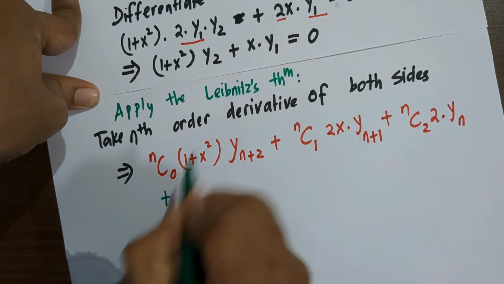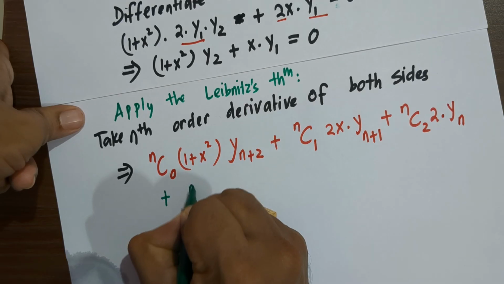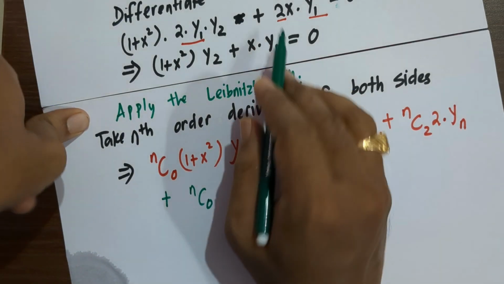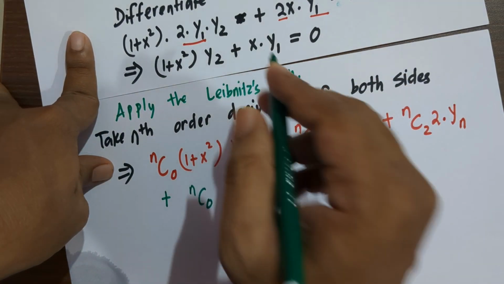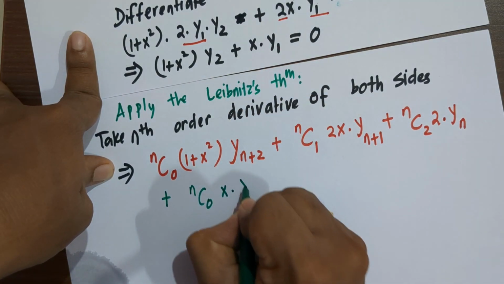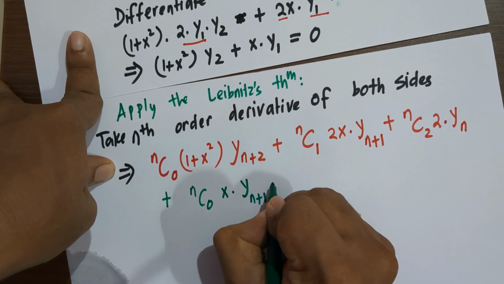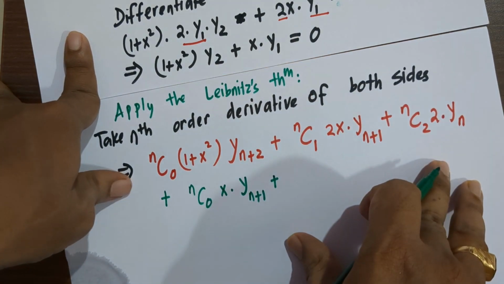Now let's apply Leibniz theorem for the second one. For the second one we have the same nC0 and keep the first as it is, x, this is u, this is v, and the nth order derivative of y1, so y_(n+1). We have already taken its first order derivative.